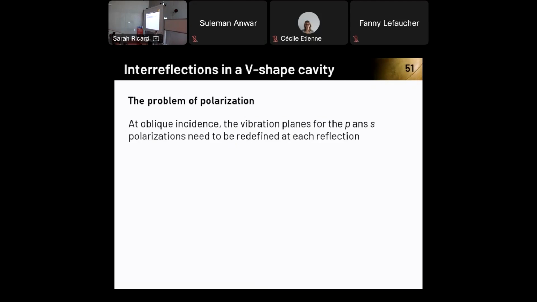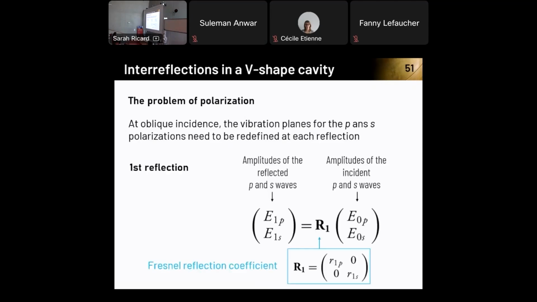But the second reflection, I choose a ray like this. The problem is that I am not either perpendicular or parallel anymore. I change that configuration. So I need to find the new S and P orientations.